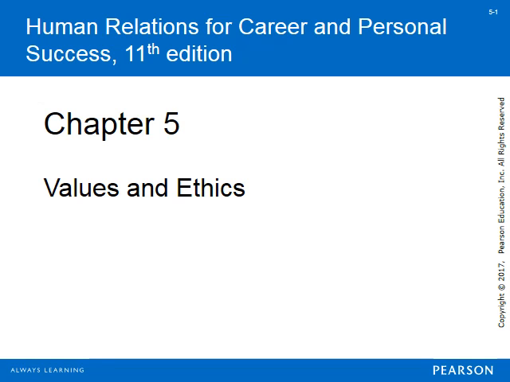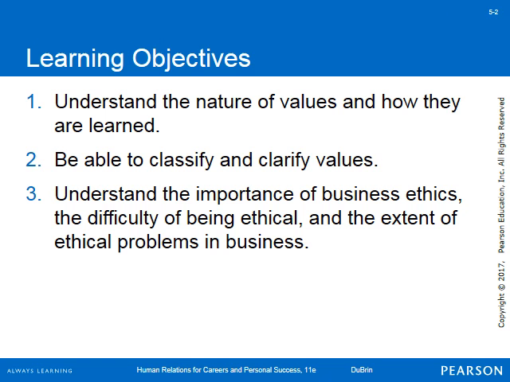So let's take a look at our learning objectives for this chapter, which can be found on page 117. The objectives for this chapter: understand the nature of values and how they are learned, be able to classify and clarify values, understand the importance of business ethics, the difficulty of being ethical, particularly in a business arena, and the extent of ethical problems in business.